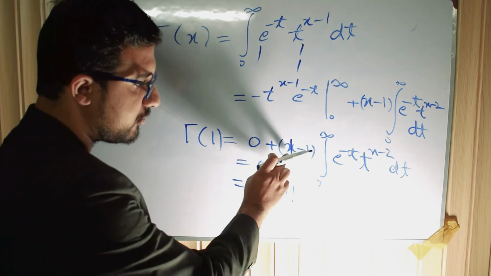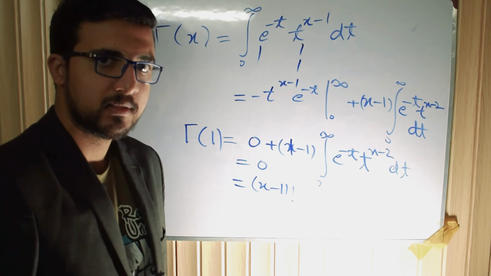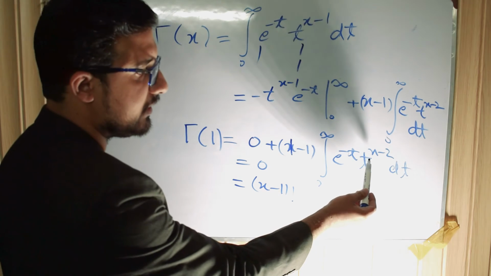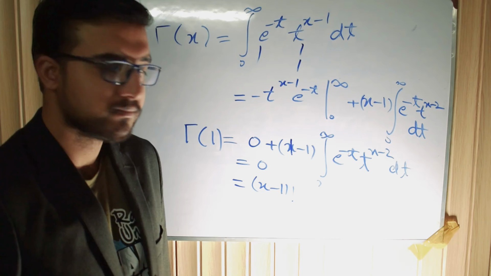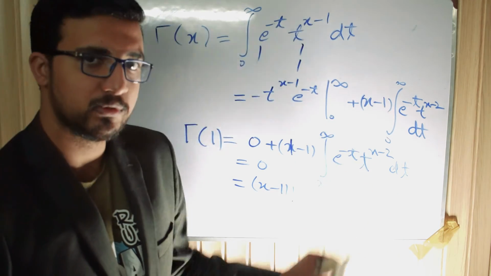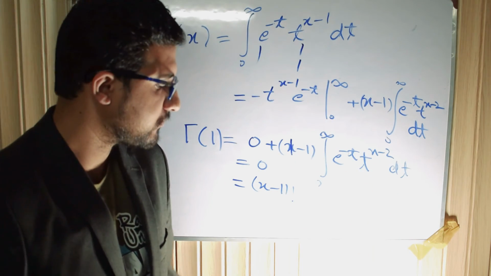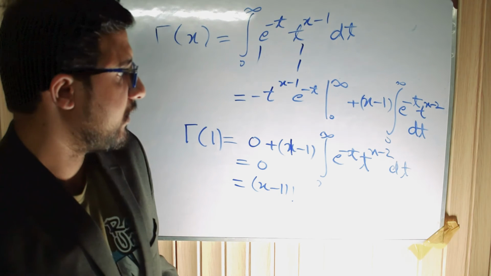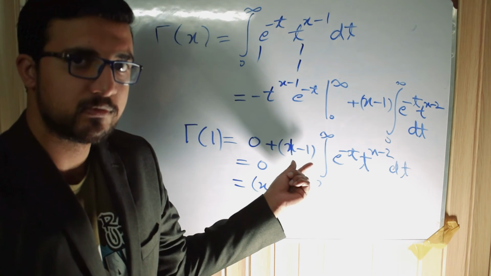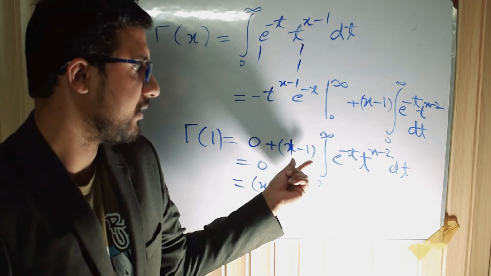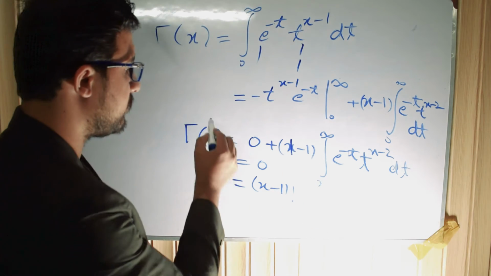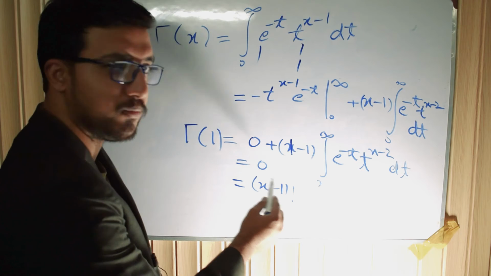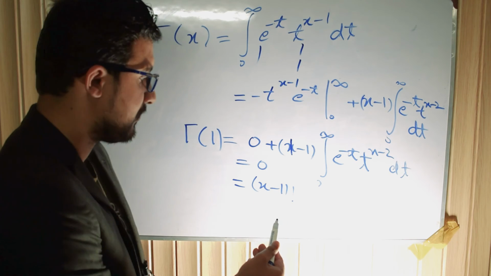If you put x equal to 2 here, then inside the integral we get 2 minus 2 equal to 0 and 2 minus 1 equal to 1. In other words, we get gamma of 2 is equal to 1, which is actually 2 minus 1 factorial.